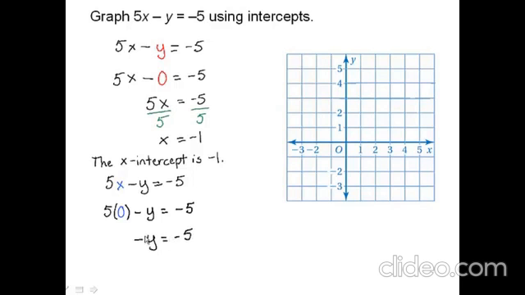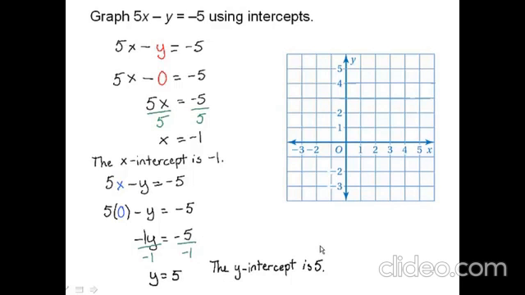Remember, negative y means negative 1 times y. So, we need to divide each side by negative 1 to get the variable y by itself. Negative 1 divided by negative 1 is 1 times y, which is y. And negative 5 divided by negative 1 is 5. So, the y-intercept is 5.